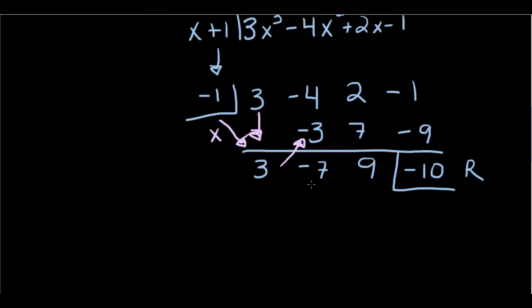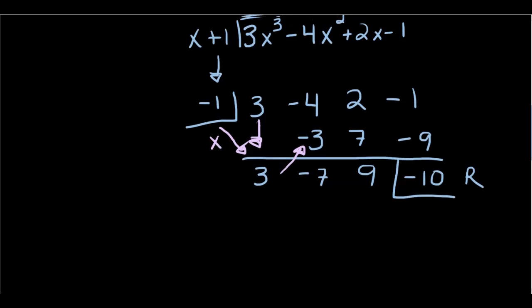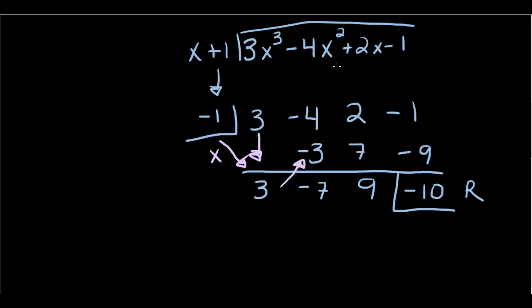This forms the quotient, and the first term is going to have one exponent less than the dividend. So if I started with a cube, my answer, the quotient, is going to start with x squared. So it's going to be 3x squared minus 7x plus 9 minus 10 over x plus 1.